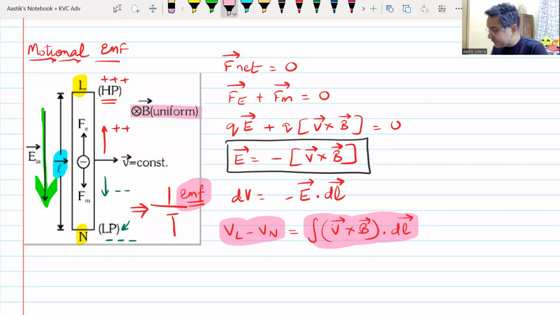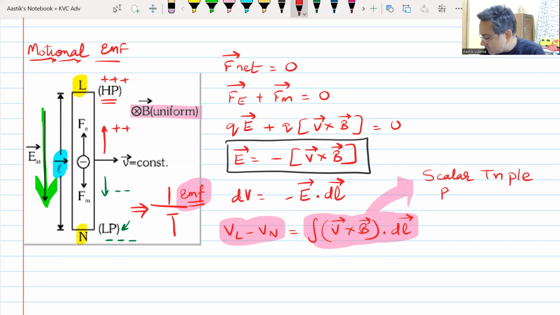Now remember, this EMF induced is given by this V cross B dot dl. Now this V cross B dot dl is known as the scalar triple product. Have you heard this term, scalar triple product? Yes, sir.